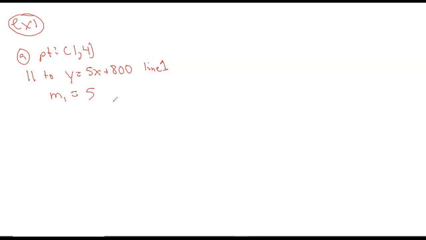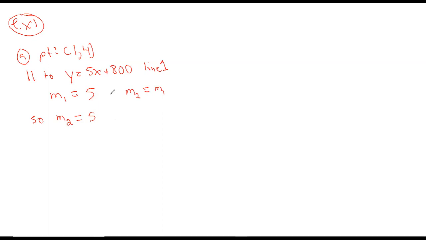So the slope of the line that we don't even care about necessarily is 5. The only thing we care about is that we need to make a parallel line. Well, if you go back to those previous notes, parallel lines have equal slope. So M2 should be the exact same thing as M1. So the slope of the line we need to make, our goal is line 2, is also 5.